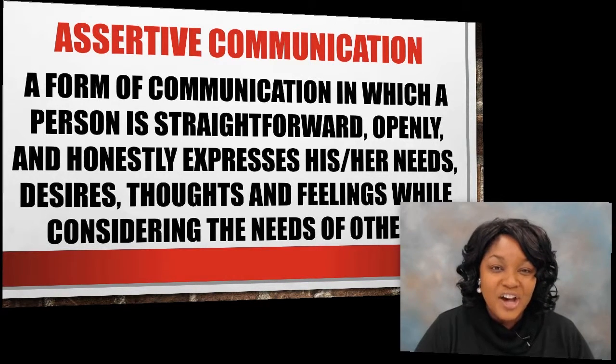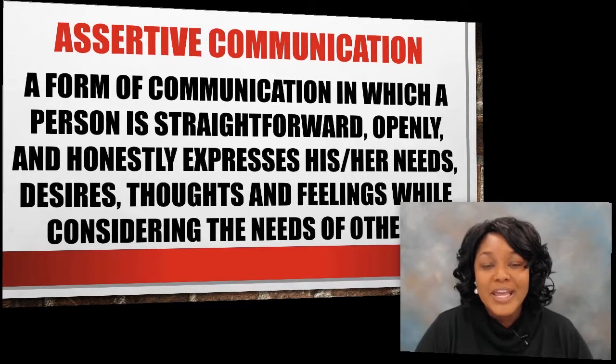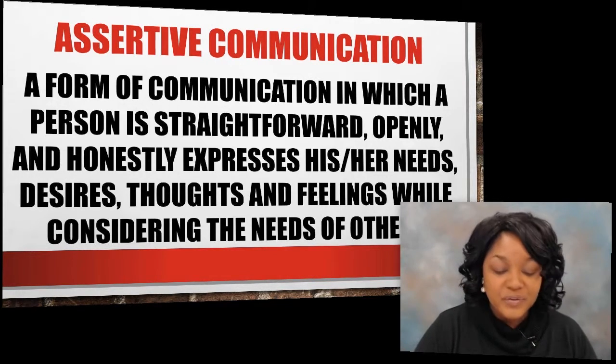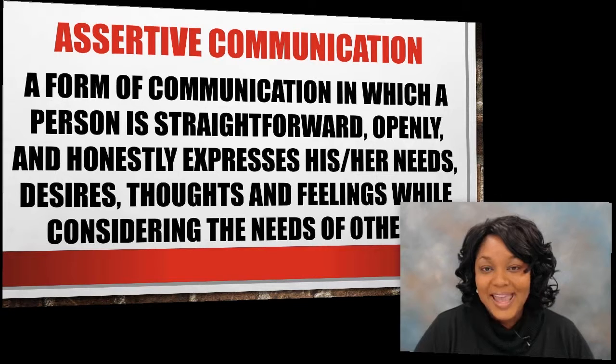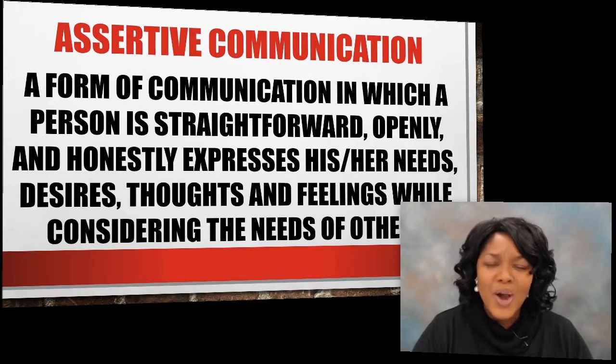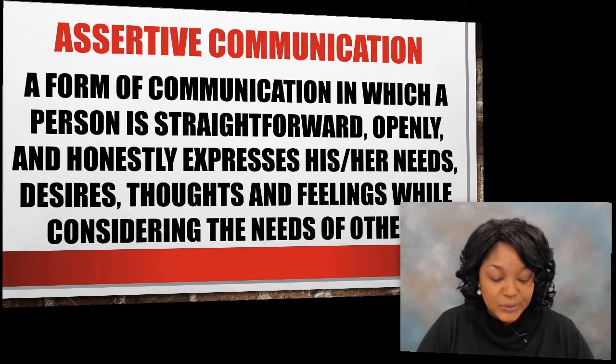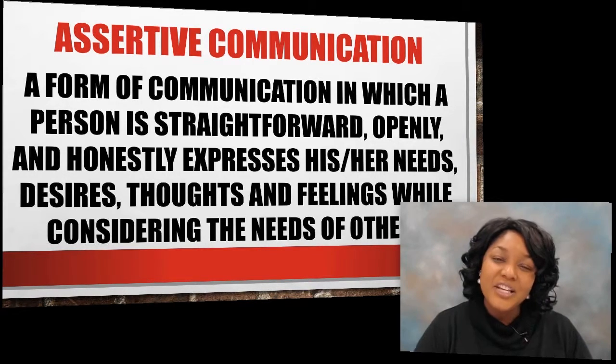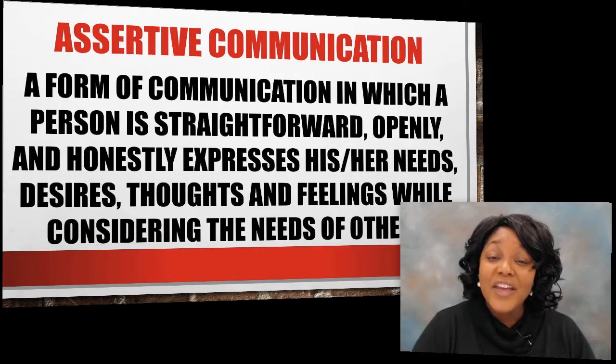The communication style for assertive communicators includes being able to express yourself directly, honestly, and as soon as possible about your feelings and your wants, while also, and this is very important, checking on the feelings of others. Nonverbal cues include being open, having natural gestures, being attentive, and having an interested facial expression.